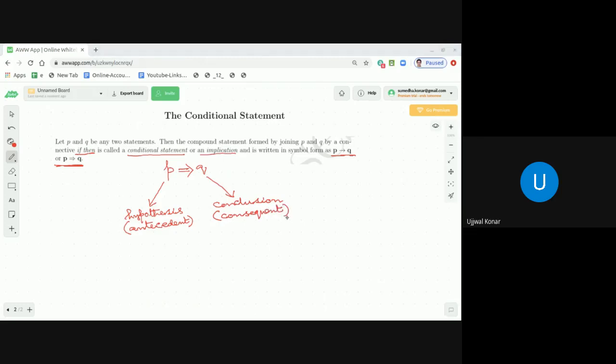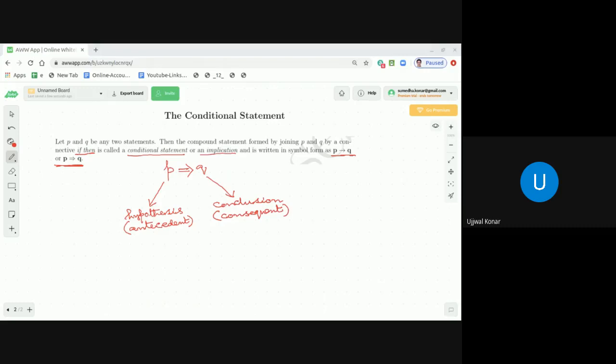The conditional statement P implying Q has several different ways we can express, and I'm going to let you know.